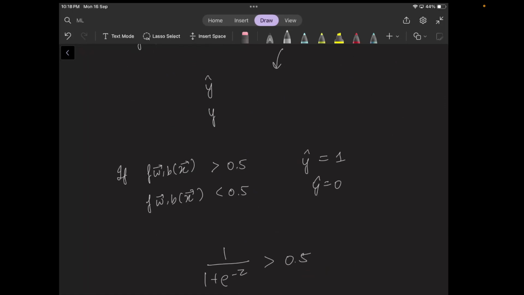Okay, so the function gives me an output in the range of 0 to 1, and this is my probability that y is equal to 1, and I say if it is greater than 0.5, the probability is greater than 50% that it belongs to 1, so I say that it belongs to 1. Now when will the function have a value greater than 0.5? When z is greater than 0. z was w x plus b.